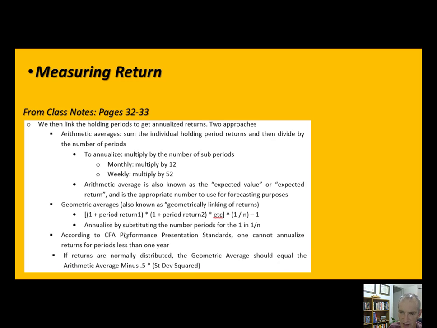We can't do that officially because it's only 3 months. If you had 20 months, you can annualize that. If you had 13 months or 15 months. But what I want you to do on an exam is you'll annualize the return, and if I only give you 3 months, you need to put an asterisk and say the CFA does not allow you to annualize a period of time that's less than 1 year.